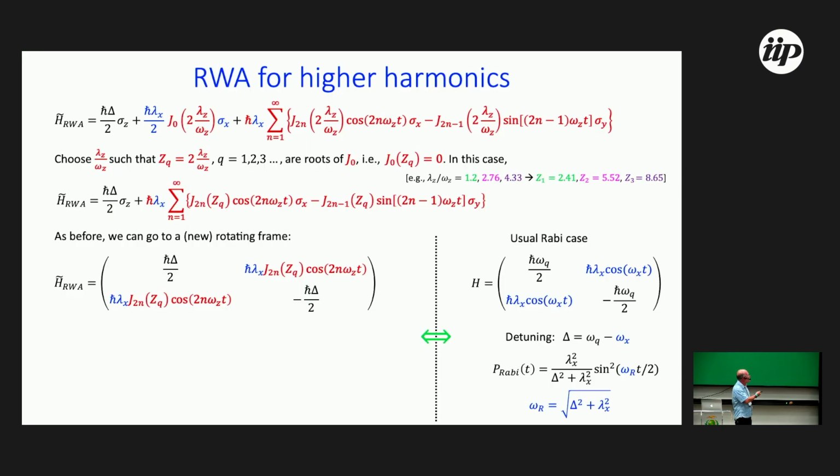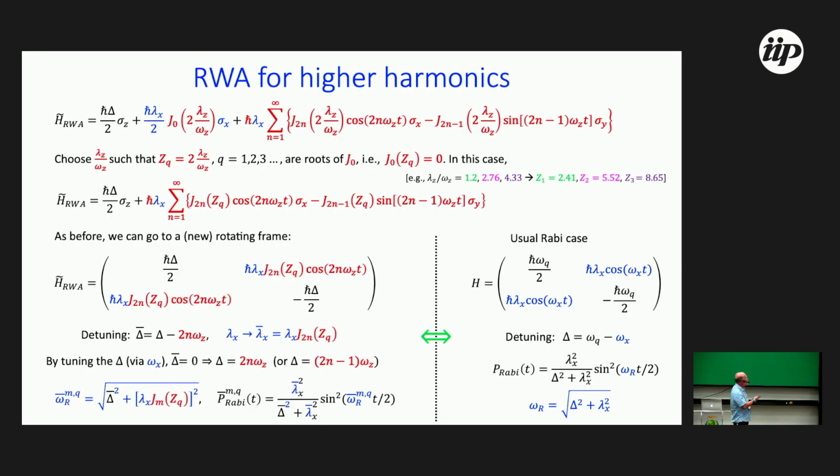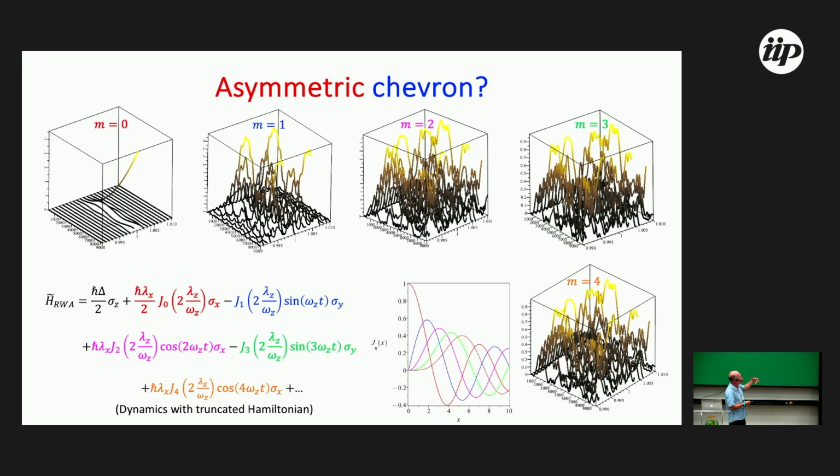If I just follow the analogy, comparing the two, I see that my detuning now is given by that, and lambda x bar is now this, and I have the same story as before, but for each of these harmonics, with the main peak gone because I already chose this value here, right? This actually explains the positions.